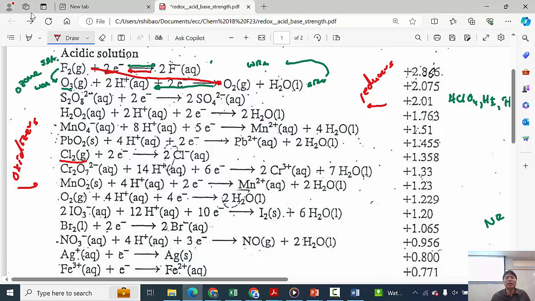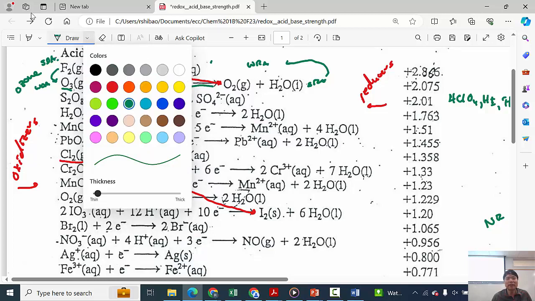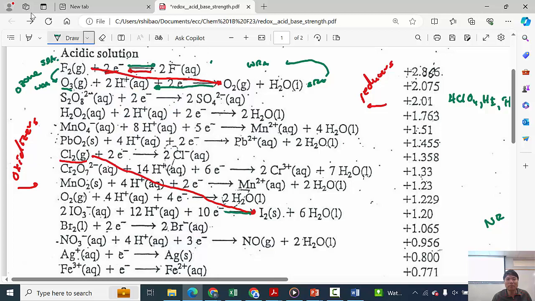Will chlorine oxidize iodine? Yes, chlorine will oxidize iodine. What would form? If chlorine oxidizes iodine, we're going to form IO3 minus, iodate. Is that a stronger or weaker oxidizer? Weaker.